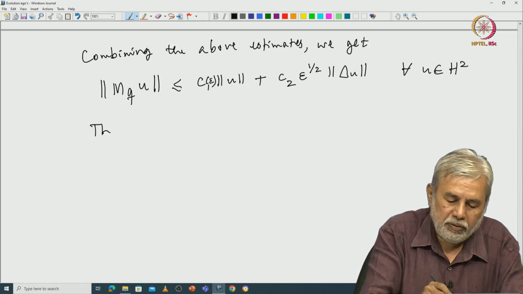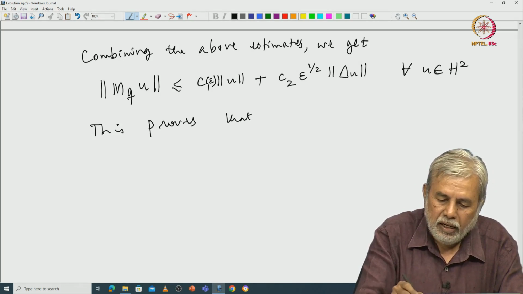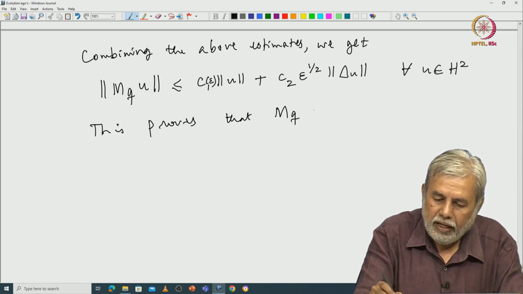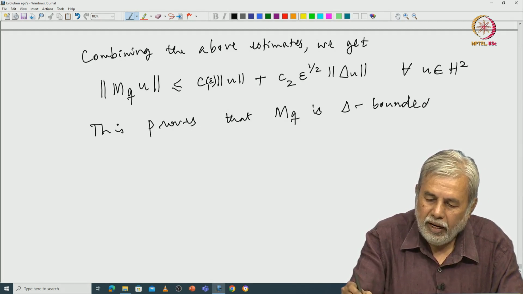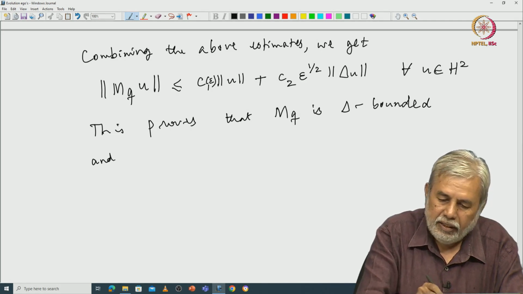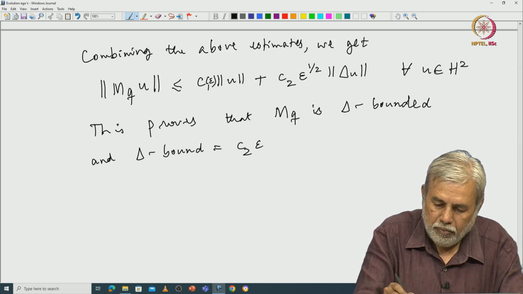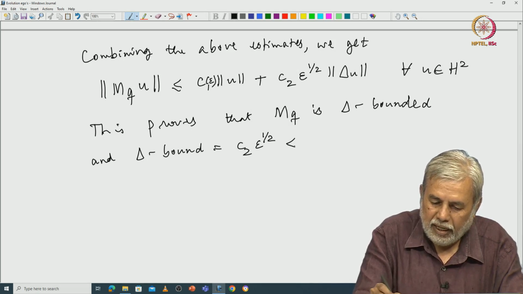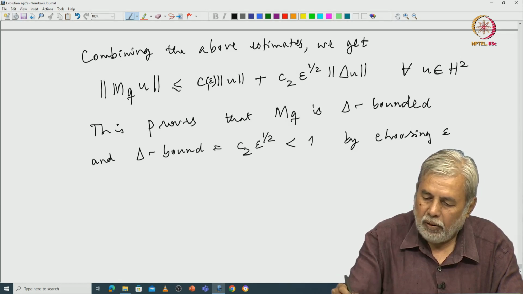So, this proves that MQ is Laplacian bounded, and the Laplacian bound is C2, and this can be made less than 1 by choosing epsilon small.